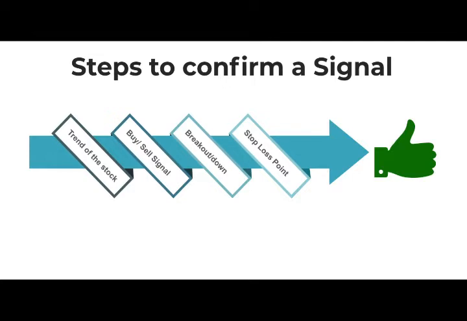Now these are the four basic and most important steps which you need to follow to confirm a signal generated by Disha. Firstly, you will check whether the stock is in a bullish zone or bearish zone. Let's say the stock is in a bullish zone.